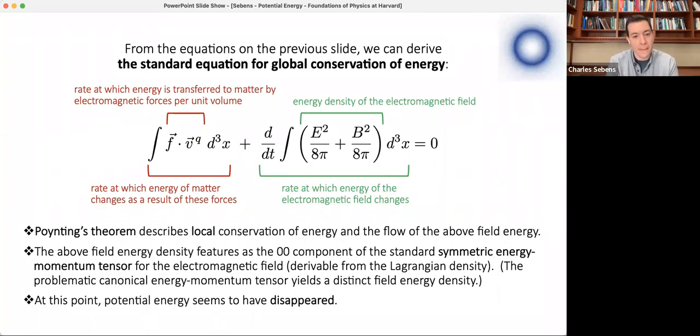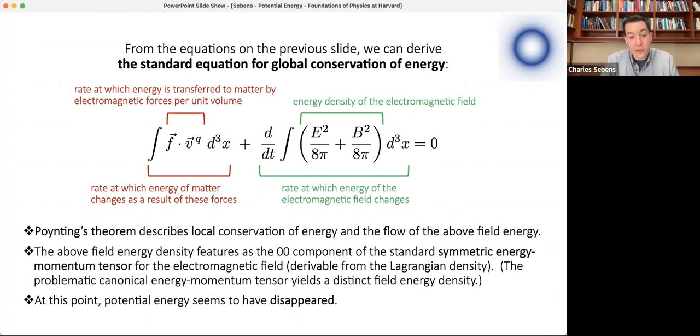So there are moves you can make, but there do seem to be some complicated issues with angular momentum there. Also, in general relativity, you want a symmetric energy momentum tensor to serve in the Einstein field equations, and so the canonical energy momentum tensor won't work for that purpose.